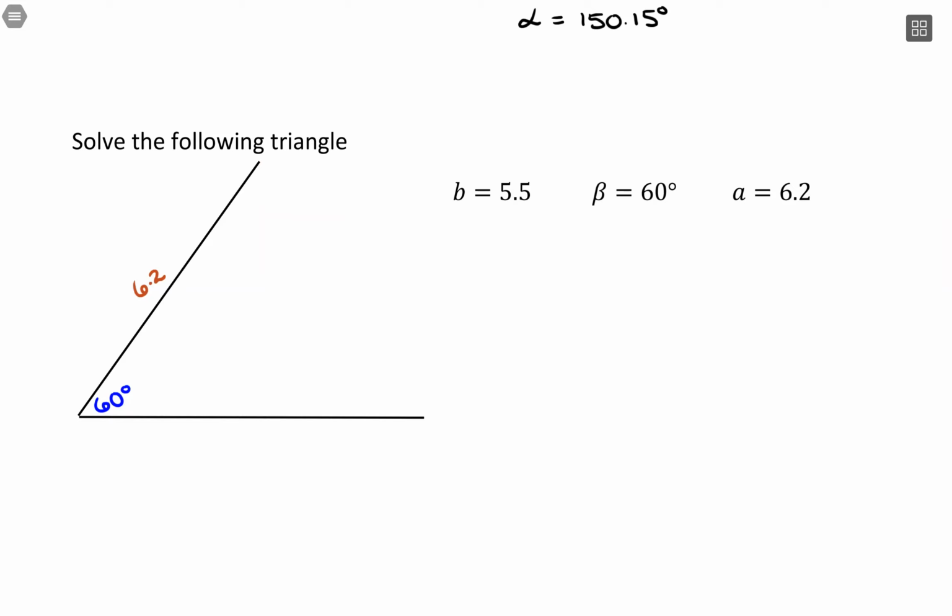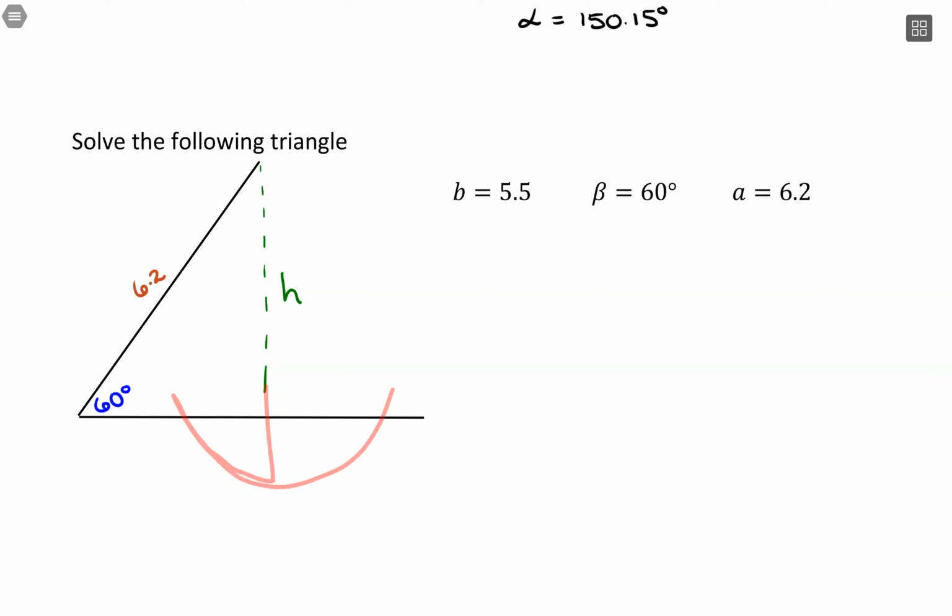Basically, what I need is the height of the triangle. I need to know what that height is to know that comparison. Is it shorter? Is it exactly equal to? Or is it this case of, well, it's shorter than 6.2, but longer than H, and that'll give us those two crossings there.